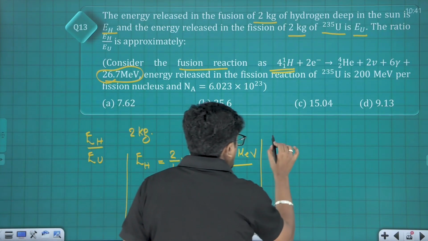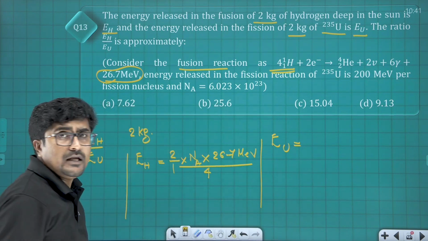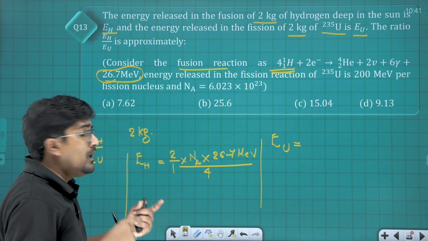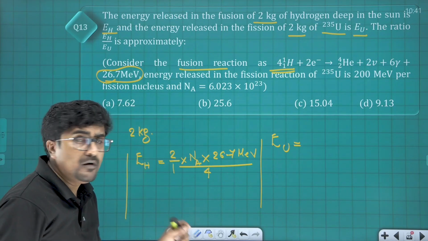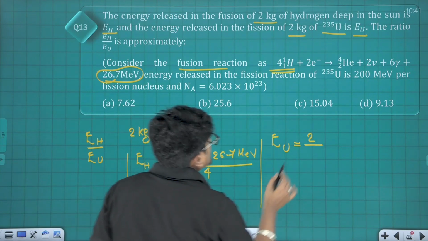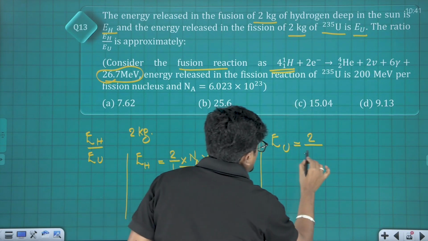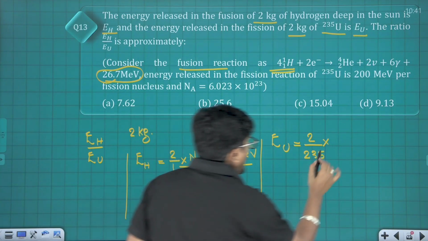Alright, now here E suffix U, that is going to be how many uranium nuclei are participating in the fission reaction. There again, mass by molar mass. What's the mass here? 2. What's molar mass? Molar mass is given as 235, into Avogadro number.